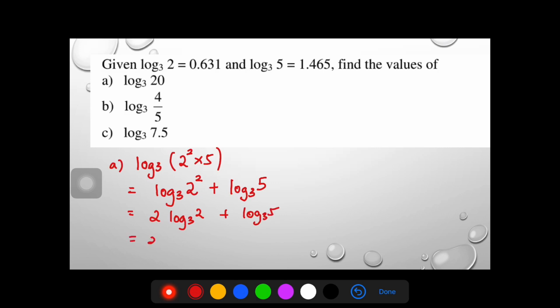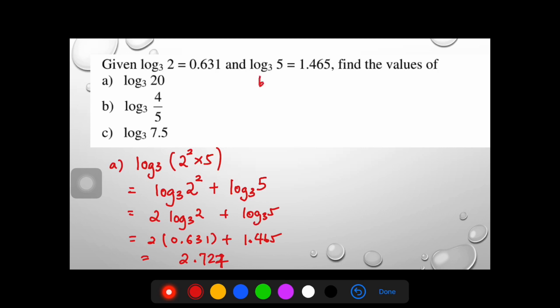Log base 3, 2 is 0.631 plus log base 3, 5 is 1.465. So our final answer will be, use your calculator to multiply 2 with 0.631 plus 1.465. So the answer will be 2.727.